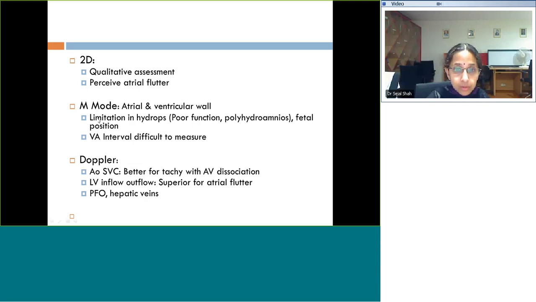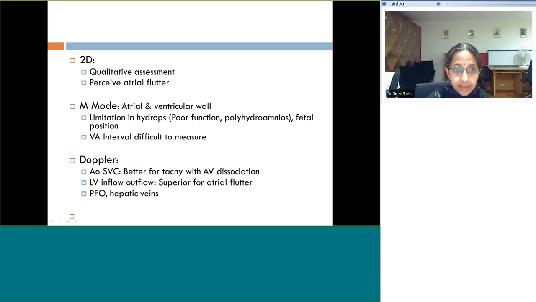On M mode, we take an M mode cut of the atrial and the ventricular wall. However, we have to understand that the position of the heart can sometimes give limitations in getting an M mode cut. Also, in the presence of hydrops or a prehydropic state, with more fluid, it can be a limitation to get an ideal M mode cut.